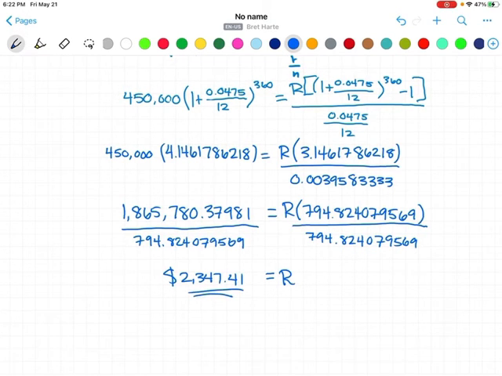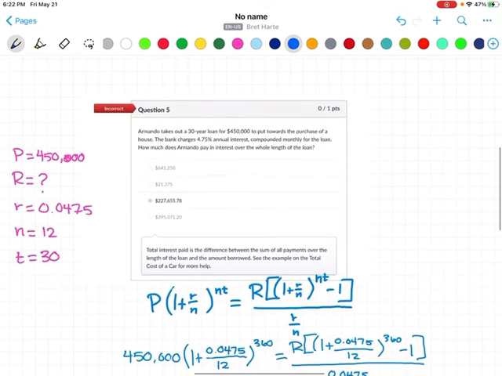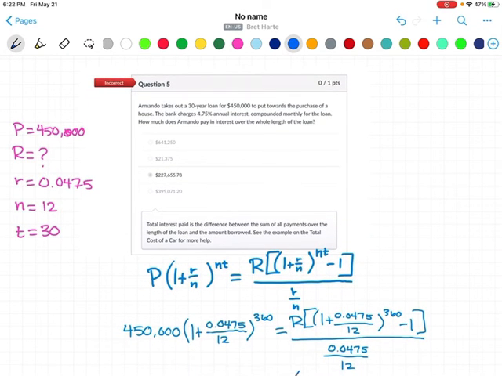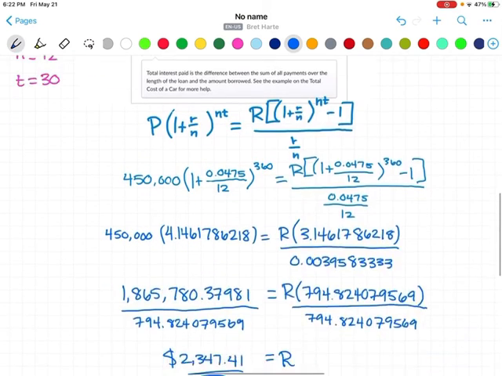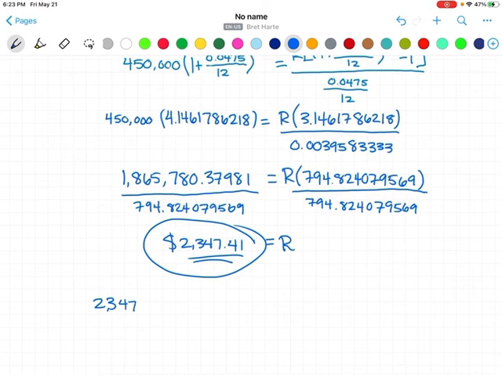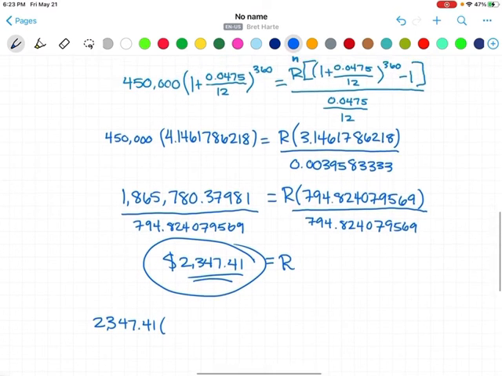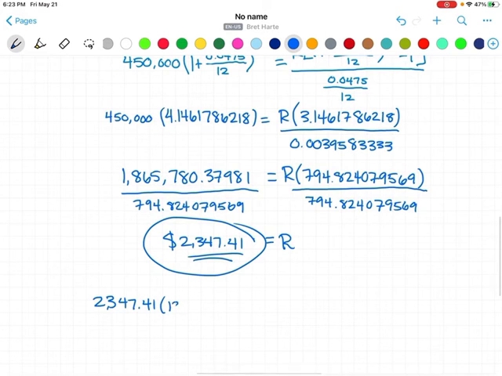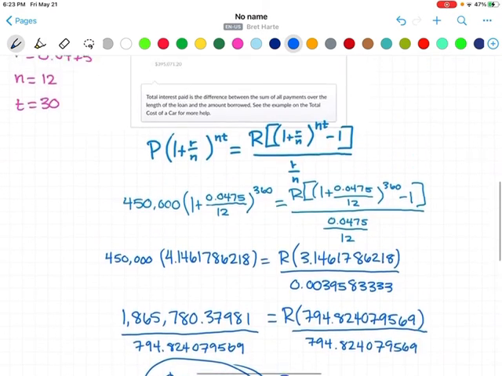But that's not what the final answer is going to be, because now we're looking for the interest over the whole length of the loan. So we're going to use this number right here, that's his monthly payment. We take 2,347.41 and multiply it by 12, how many times it's paid monthly, and then multiply that by how long the loan was, which is 30 years.